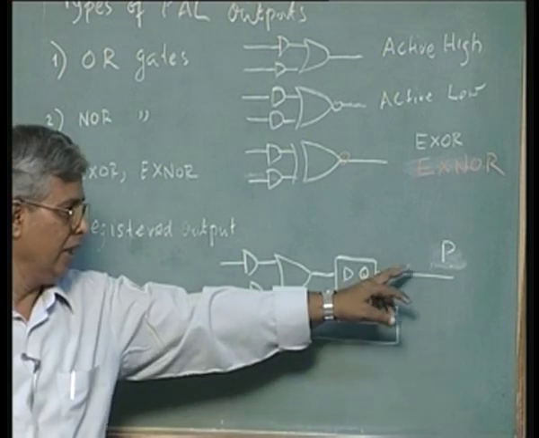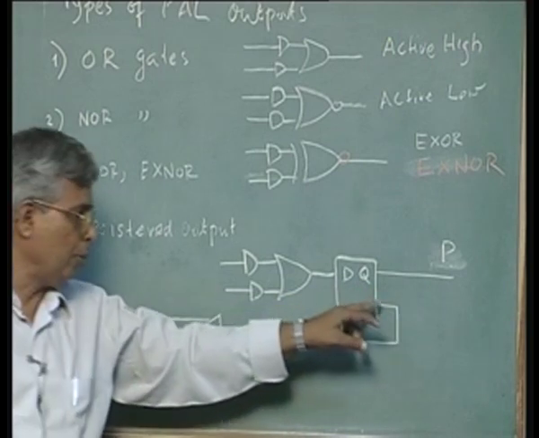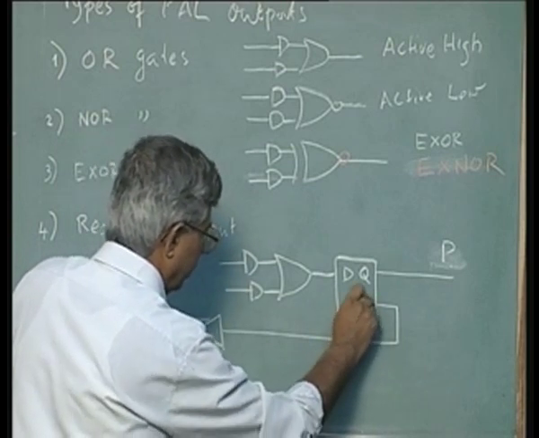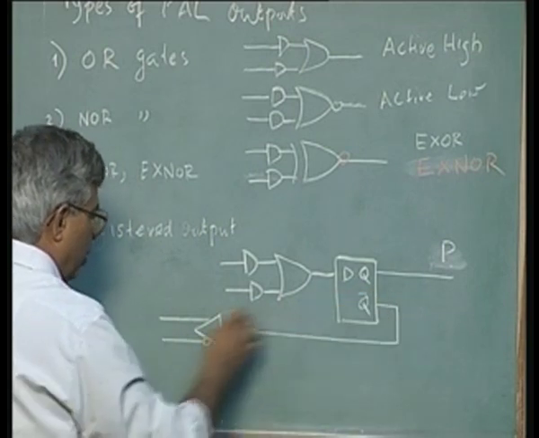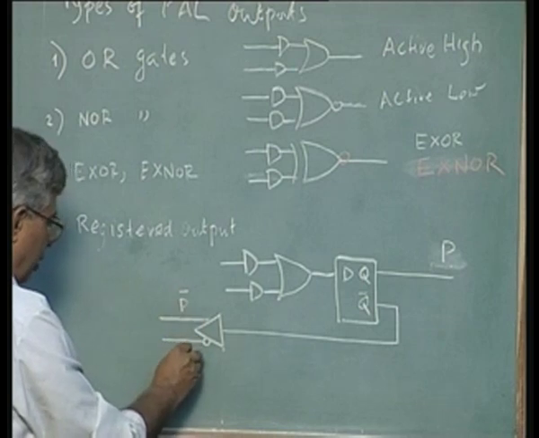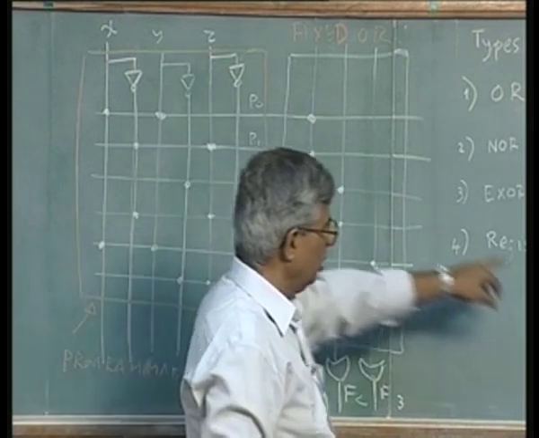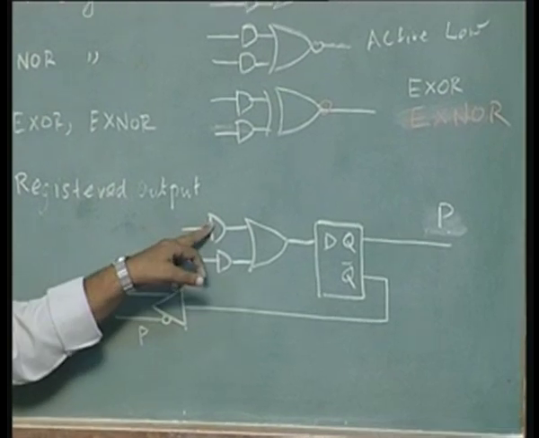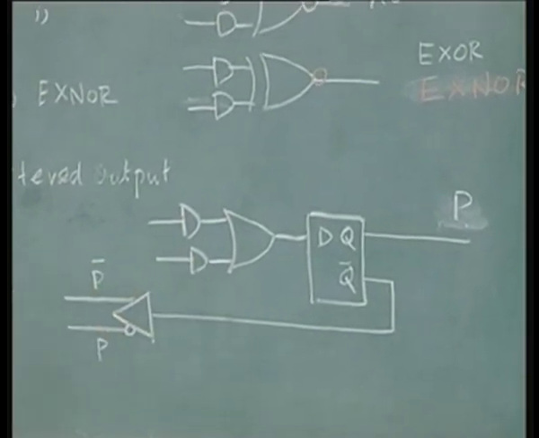So, this p, which is required again for determining the next output, can be put here as a q bar, and now I can have p, this will be q bar. So, this is p bar and p. So, p bar also is available, just as x bar, y bar, z bar, p bar is also available. I can combine this in order to produce my combinational terms. This is called registered output.